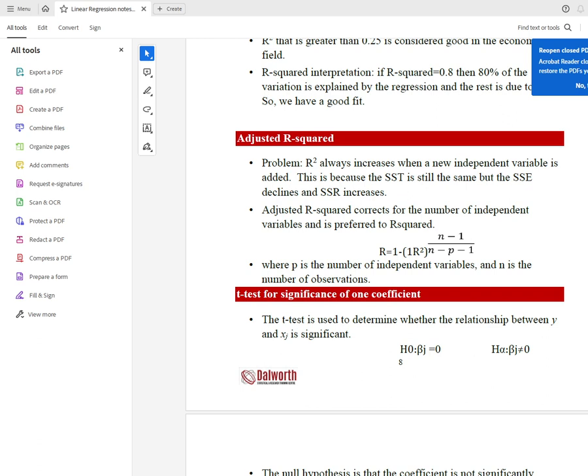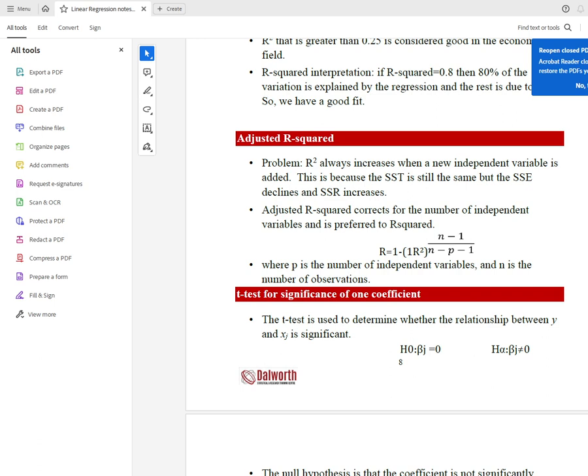The last one is the t-test. And with the t-test here, we will talk about the significance of each independent variable. I've already mentioned significance and how to identify significance. So by using the t-test, we will now go one by one.